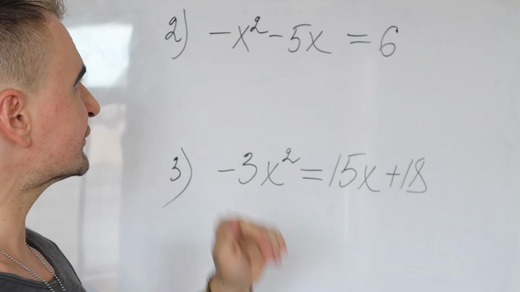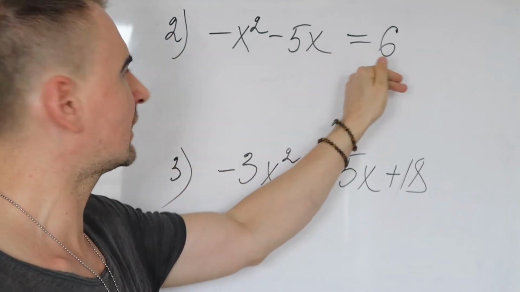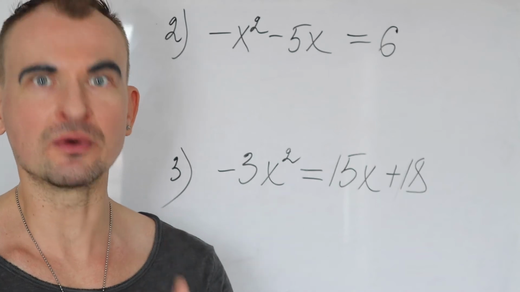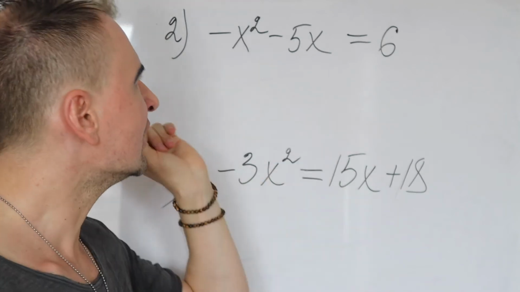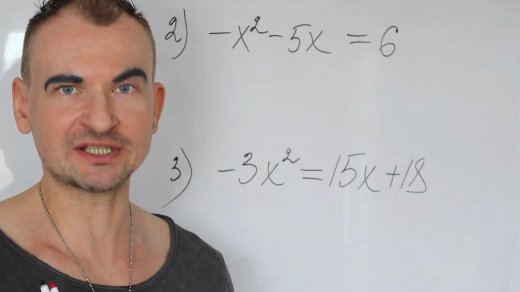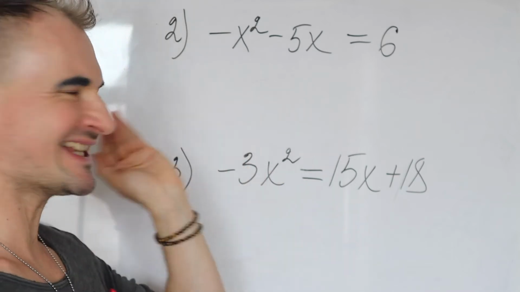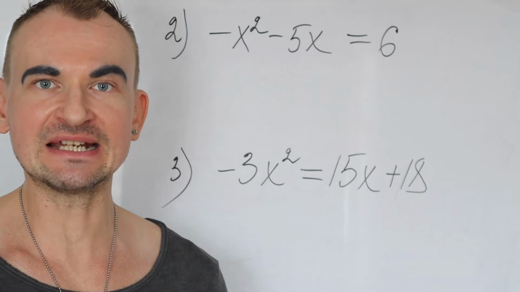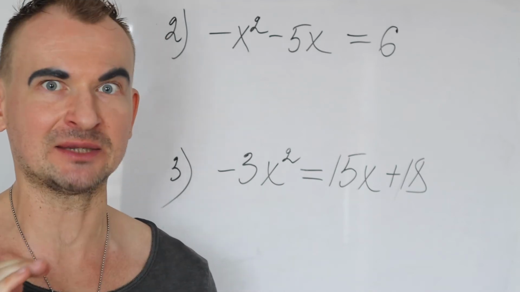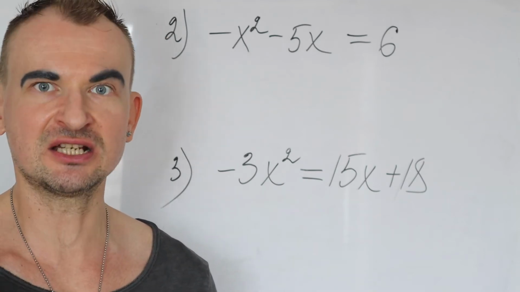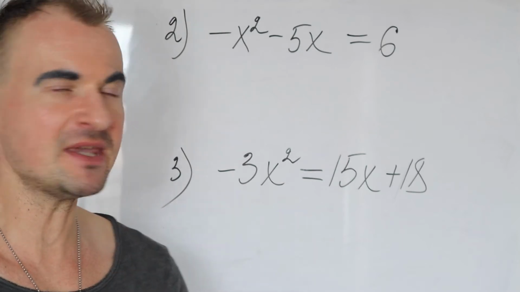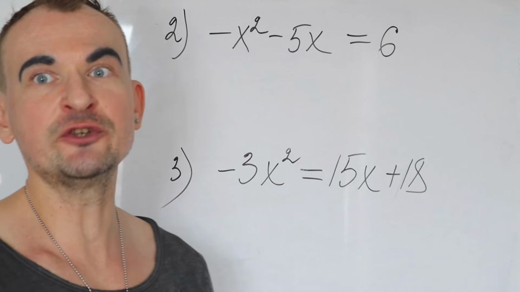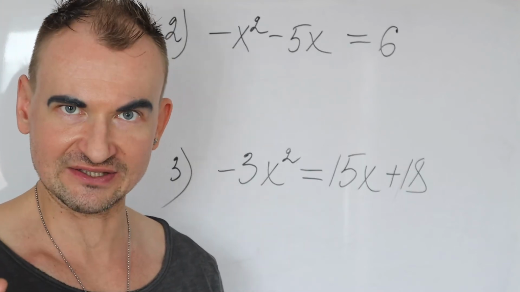Now, suppose you've been given something like this. First thing to do, always, check to see if your quadratic equation is written in standard form. Now, what is the standard form? Standard form, basically, it's like ax squared plus bx plus c equals 0. That simply means that you have all your terms collected on the left side and you have 0 on the right side.